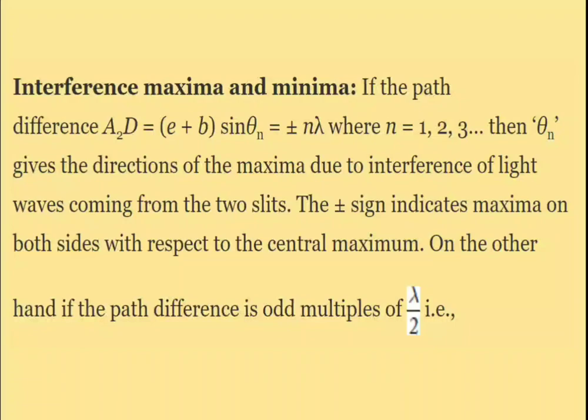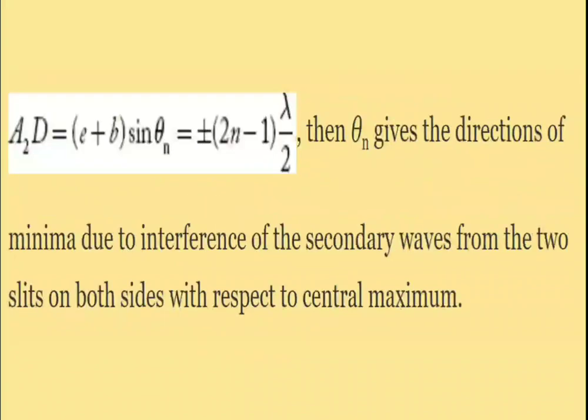On the other hand, if the path difference is an odd multiple of lambda by 2, that is A2D is equal to (e plus d) sin theta is equal to plus or minus (2n minus 1) lambda by 2, then theta n gives the direction of minima. Here also, the minima exist on both sides of the central maxima.